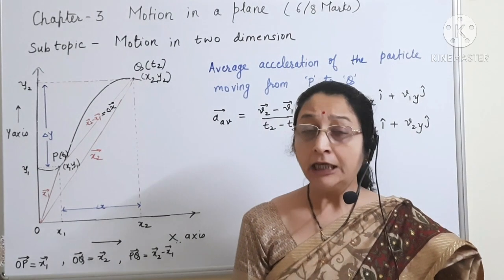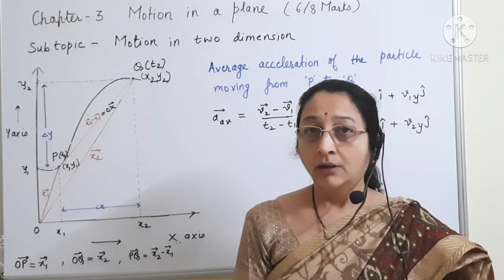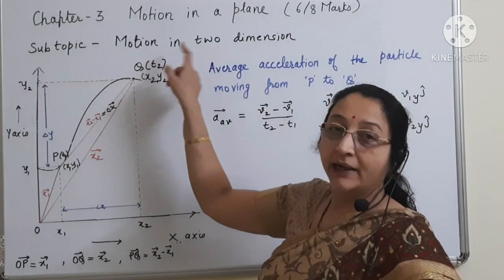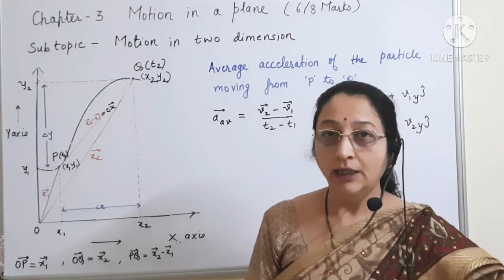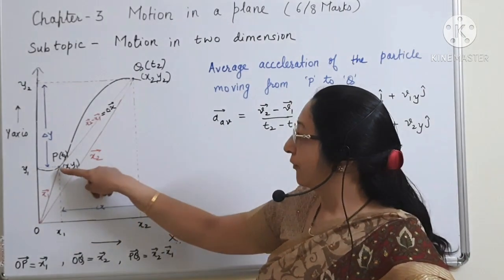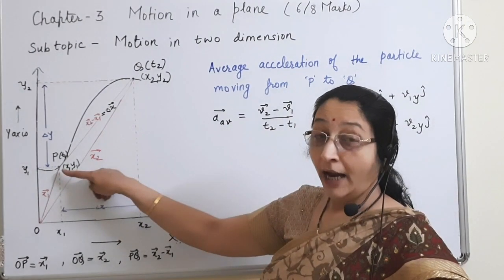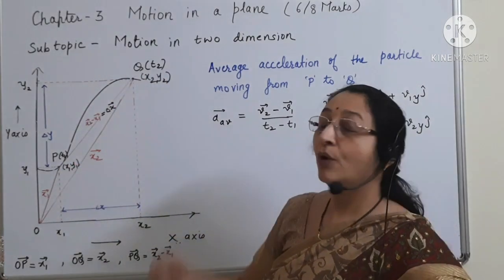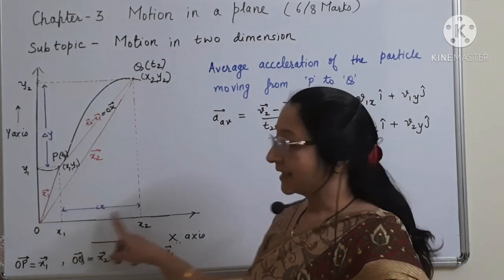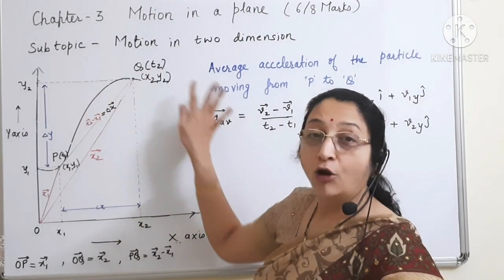Hello friends, in the last lecture we discussed the motion of a particle in two dimensions. The particle moves from point P at time t1 to point Q at time t2, along the plane.